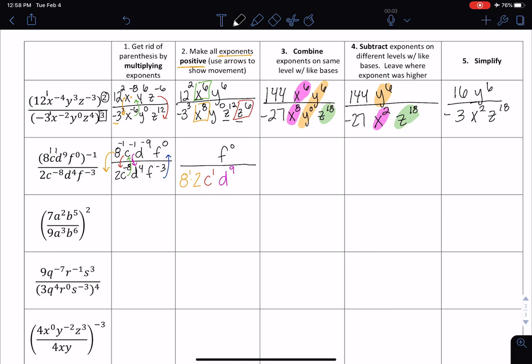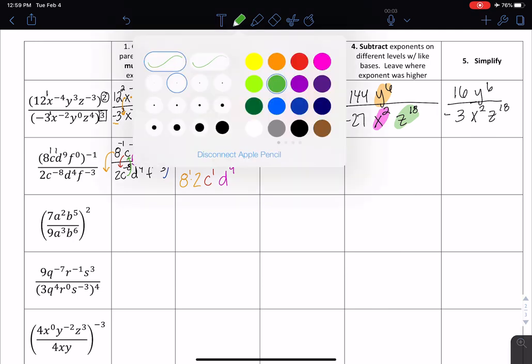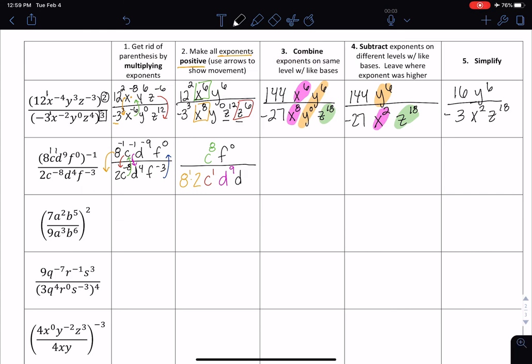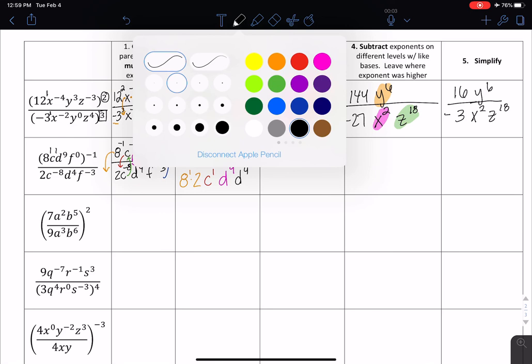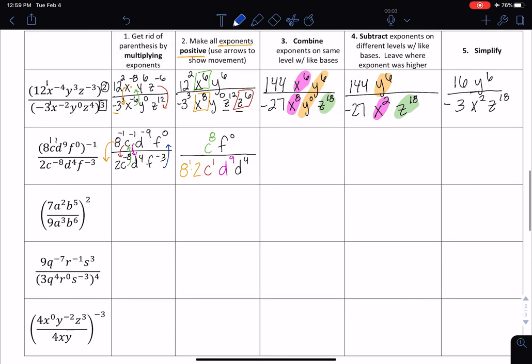Okay, the C moved up. The C to the negative 8, which is now positive. The D to the 4 stayed down. And then the last one is the F to the negative 3 moved up. Okay.